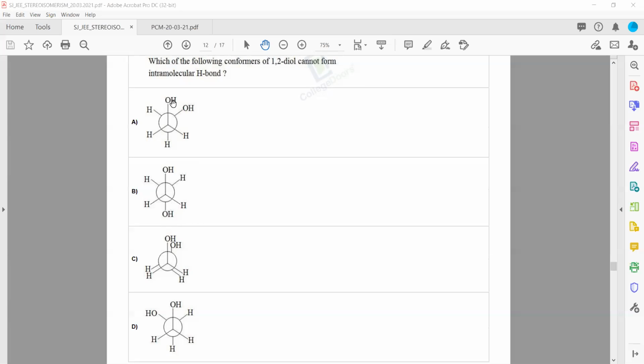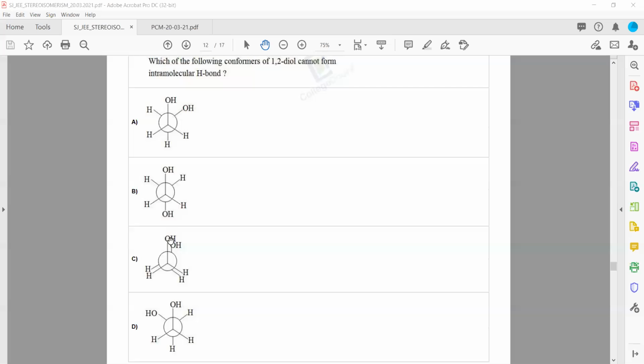If you have the gauche conformation, then we have clearly seen that if there are two groups which can have H bonding, in those cases the gauche is more stable even than the staggered conformation, right? Is this clear? Yes, sir. So in the gauche conformation there can be an intramolecular H bond, and the gauche conformation is seen in A and in D.